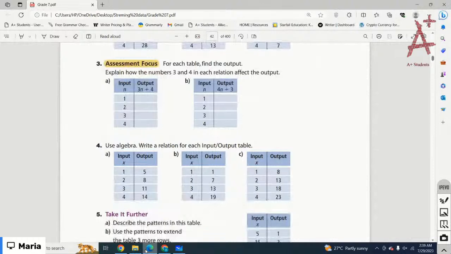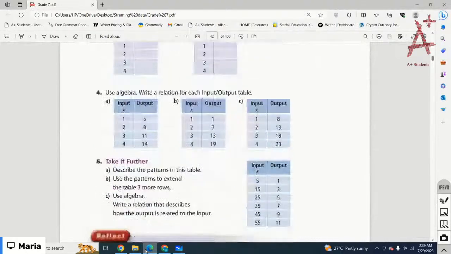Okay, you can do question number 3 and 4 by yourself. You just have to put different values of n and then you have to calculate the output.